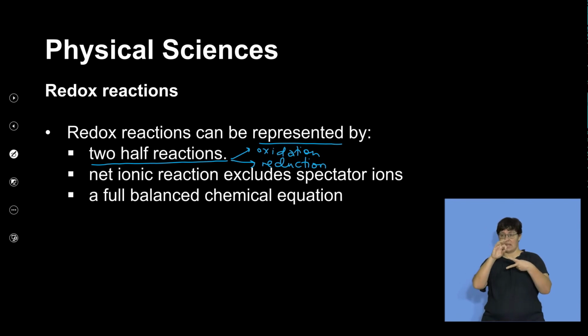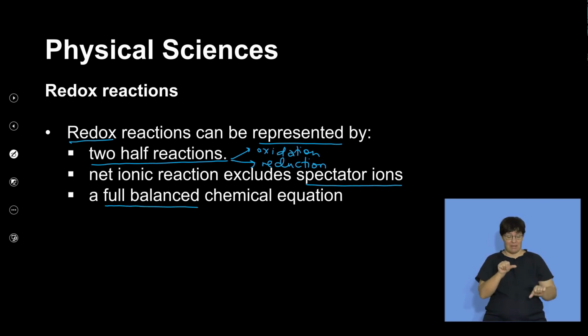And then the net ionic equation excludes the spectators. But what are spectators? These are species or substances that are not involved in the transfer of electrons, or in the redox reaction for that matter. And then a full balanced chemical equation is a combination of the two half reactions. That's as far as representing these redox reactions.